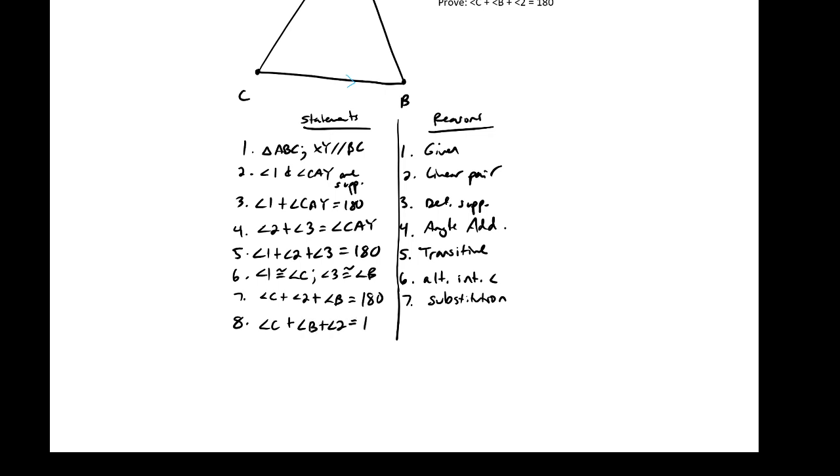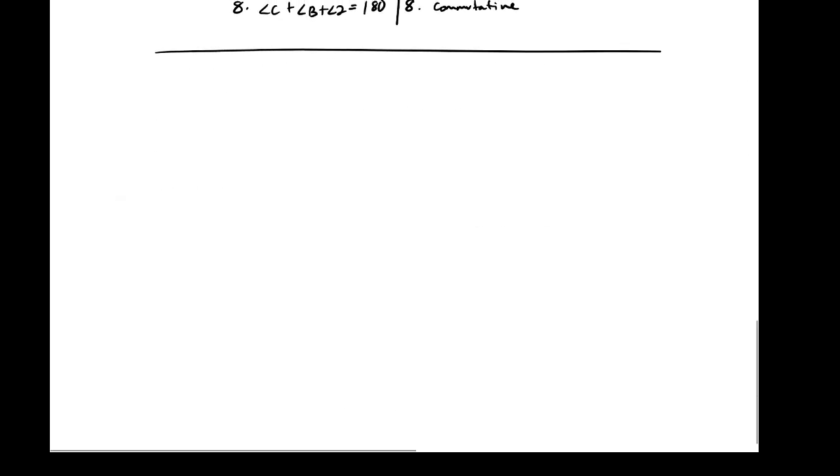That's the idea: our last step should exactly match what we have under proof. And we can flip around angle 2 plus B and B plus angle 2 because of the commutative property. The commutative property of addition makes it where you can flip these things around. So guys, there we go. Now we know deductively that the sum of the interior angles of a triangle are indeed 180.